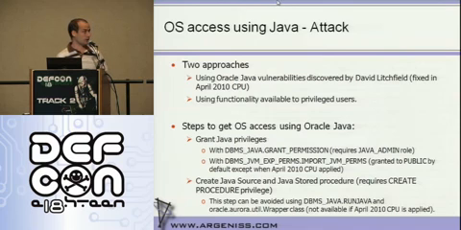So next attack example that will get operating system access is the Java attack. There are two approaches that I will be showing today. One that doesn't require special privileges, and it uses the vulnerabilities discovered by David Litchfield this year, and that are fixed in April 2010 CPU.